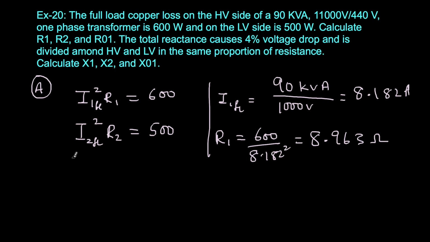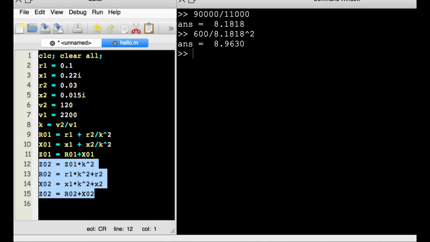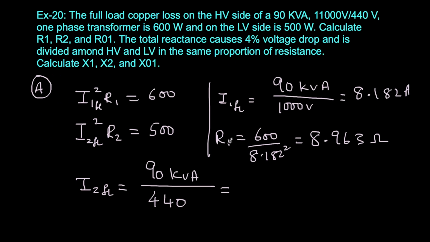Similarly, from this I can find R2. How do I find R2? First I'll find I2 full load, which is 90 kVA divided by 440 volts. That is 90,000 divided by 440, 204.55 amperes. Huge current. This is the secondary full load current, and the loss is 500.